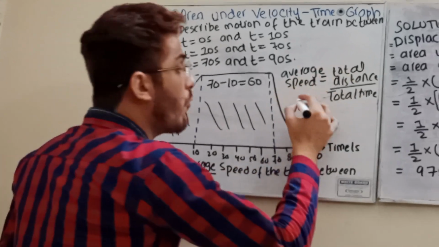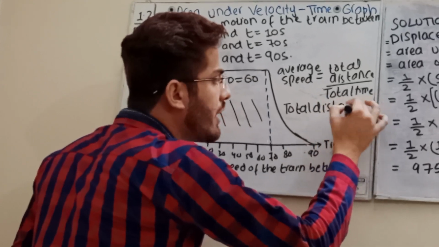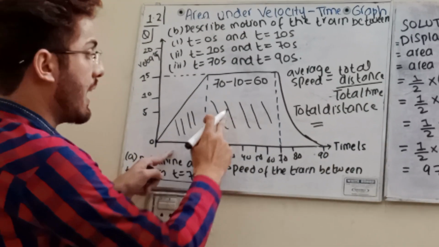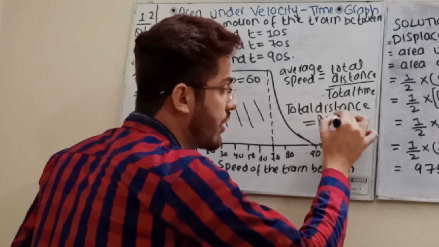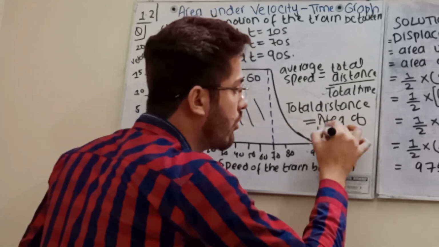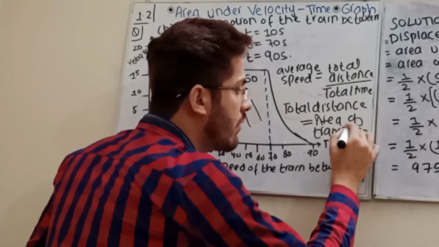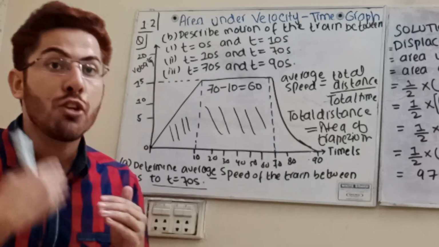Definitely we need to find out the total distance. Remember, student, for total distance we need to apply, again, sir, this is the area of a trapezium. Area of trapezium we need to apply.